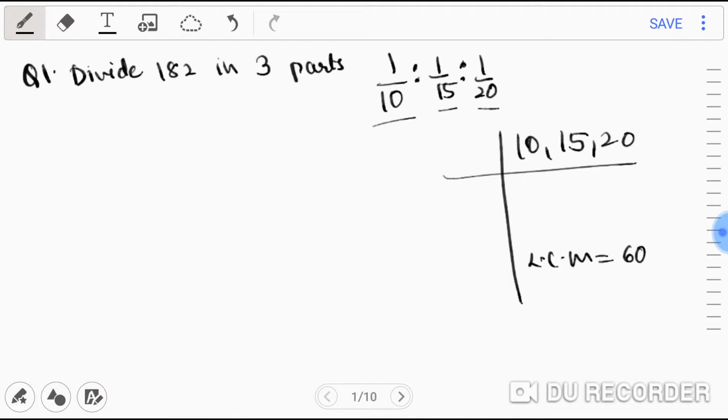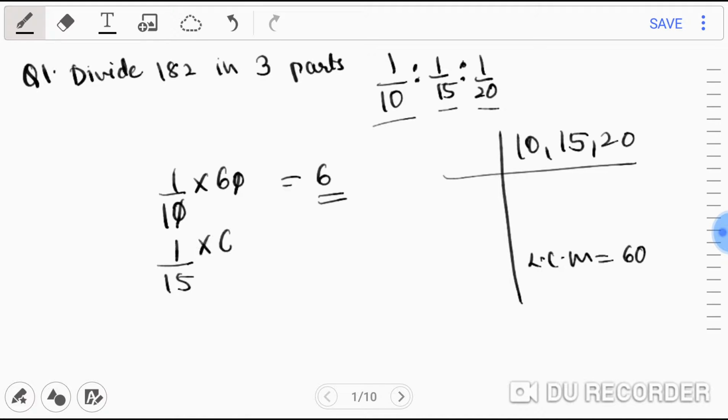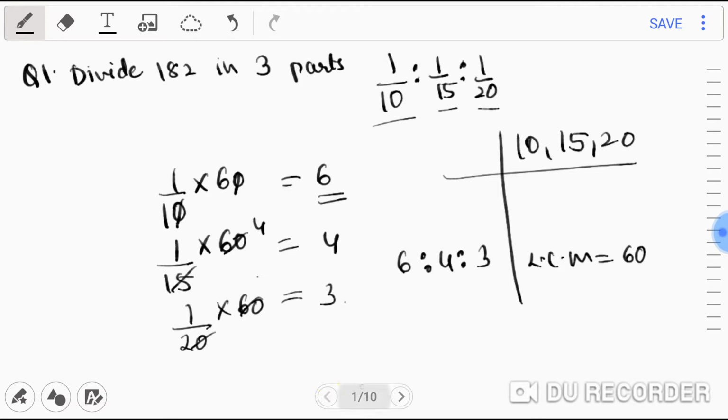Once you have the LCM, you have to multiply each fraction with the LCM. You will get 6, you will get 4 and you will get 3. So your ratio now is 6:4:3. As you know, you have to divide 182 in this ratio.